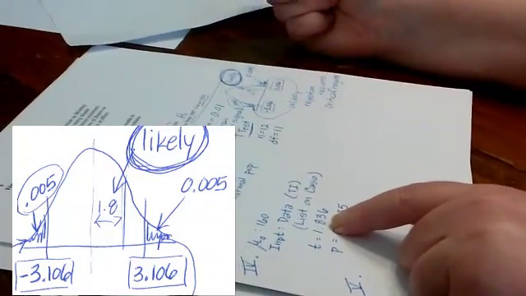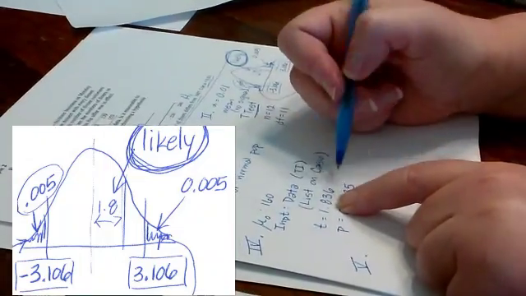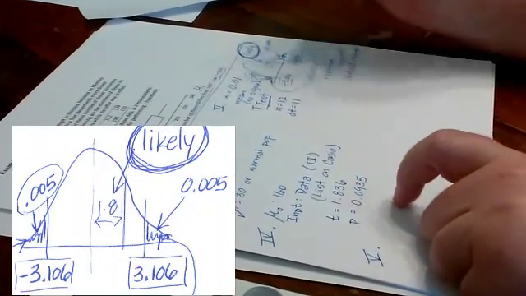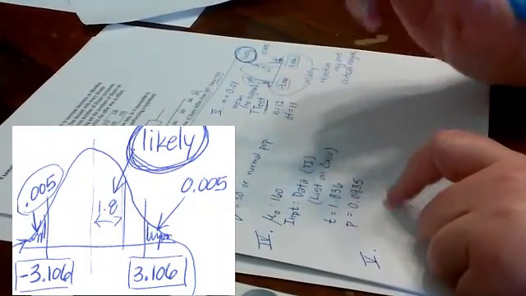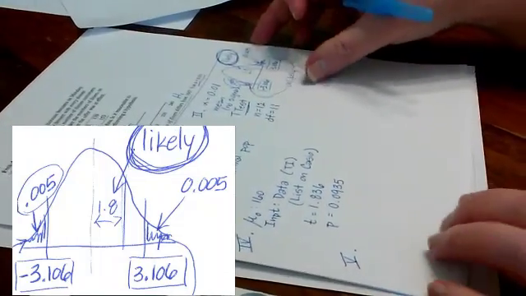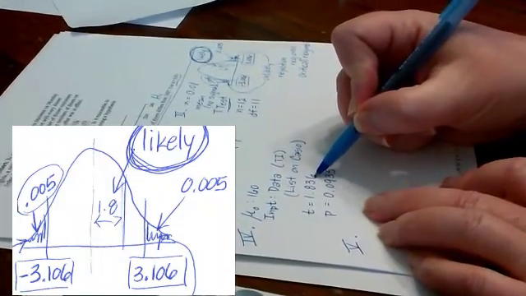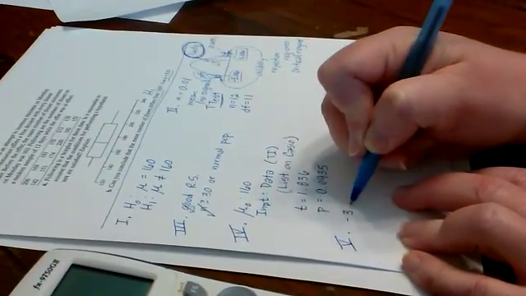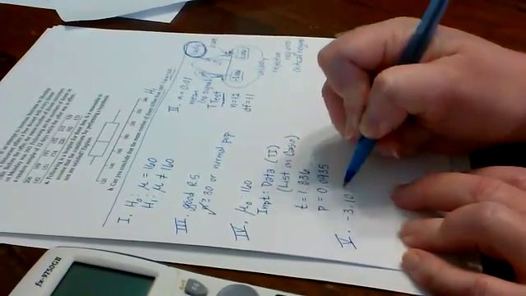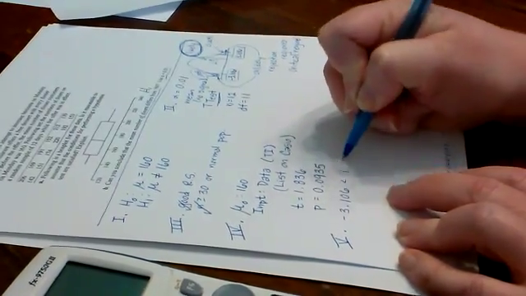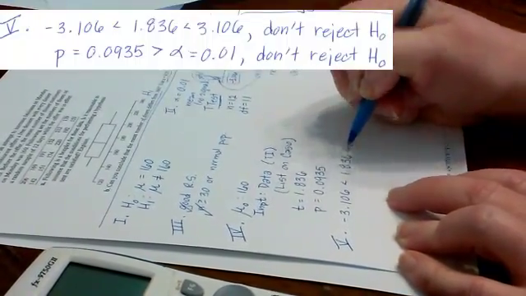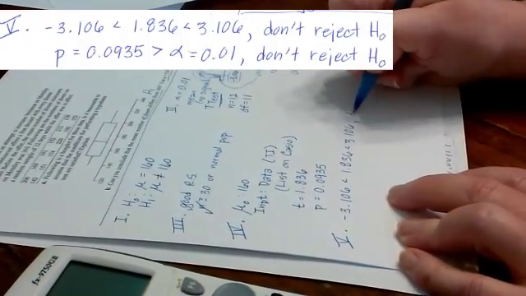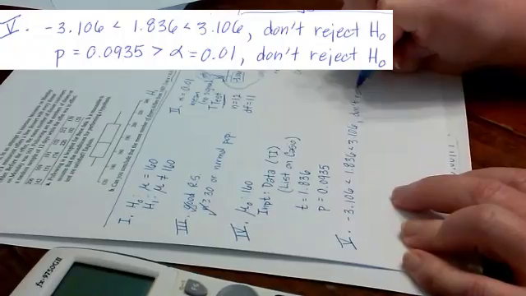So this result that I got is likely to happen if the null hypothesis is true. I have no evidence against the null hypothesis. So because that t-value is in between my critical values, I don't reject the null hypothesis.